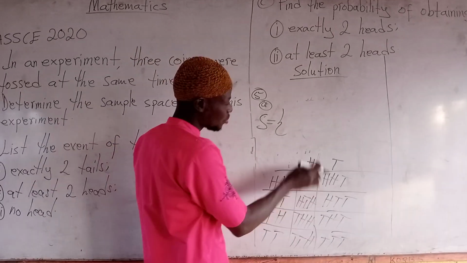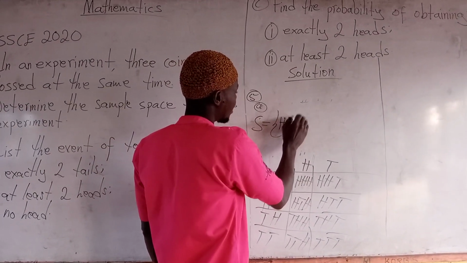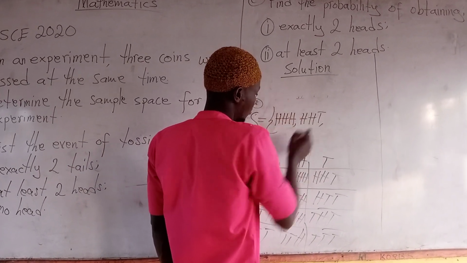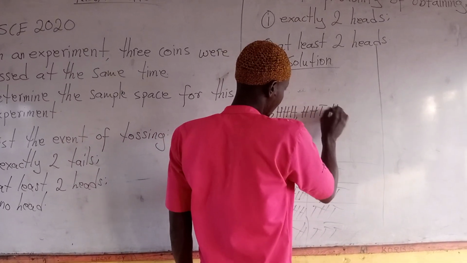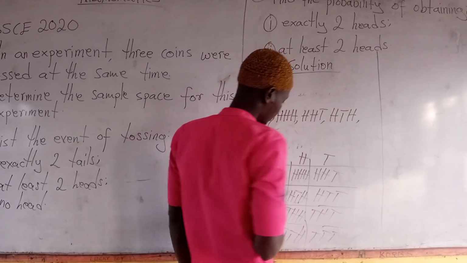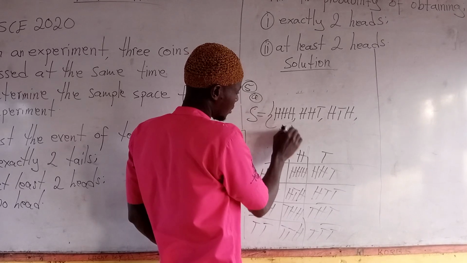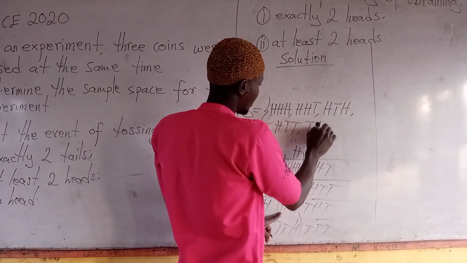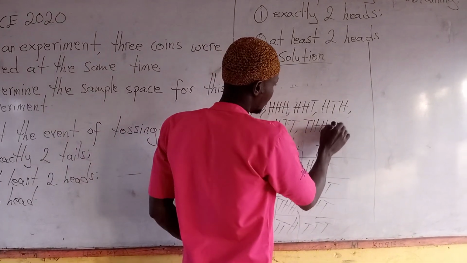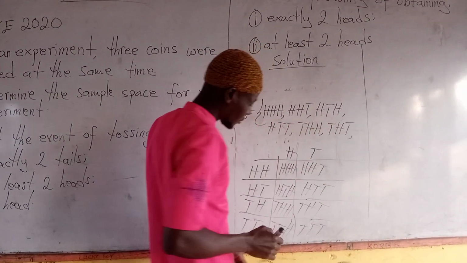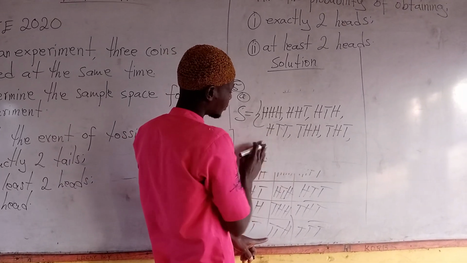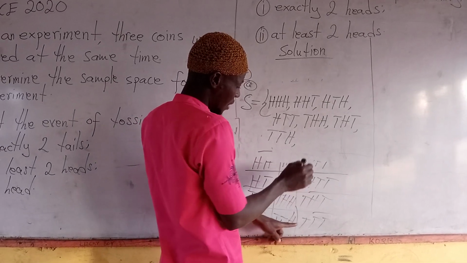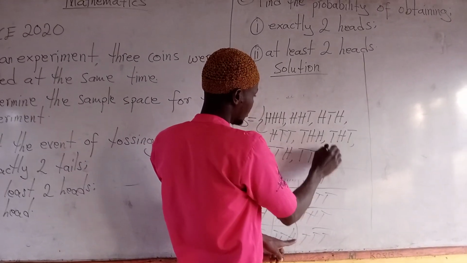The sample space will be head, head, head, comma, head, head, tail, comma, then head, tail, head, then head, tail, tail, then tail, head, head, then tail, head, tail, then tail, tail, head. Then we have tail, tail, tail.